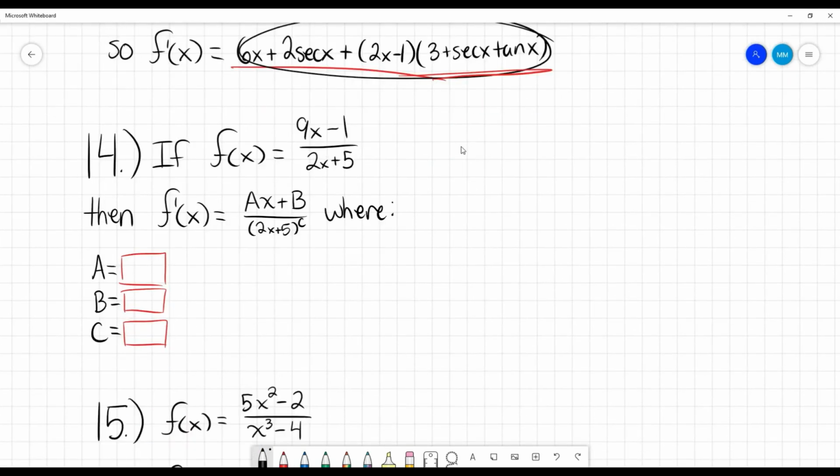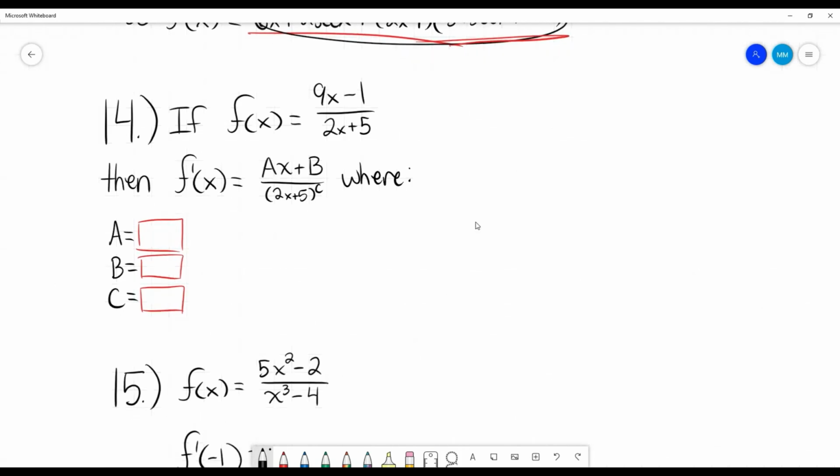All right. Now for number 14. Obviously, we could use that definition with our limits to find this, but we're just going to use the quotient rule, which is similar to our product rule, but just a little bit different.